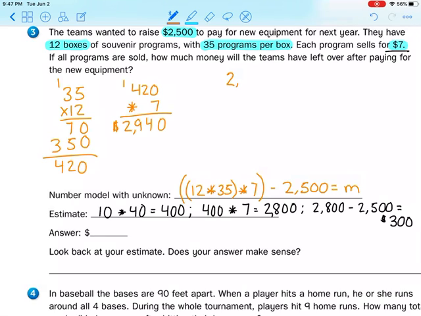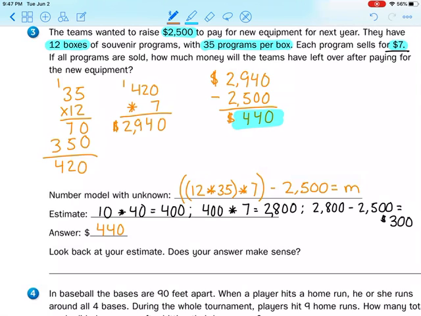$2,940. I would take that $2,940 and I would subtract $2,500 they need for their equipment. So 0 minus 0 is 0, 4 minus 0 is 4, 9 minus 5 is 4, 2 minus 2 is 0. So your answer is you would have 400, and put my dollar signs, $40 left over after you sold all of your programs.